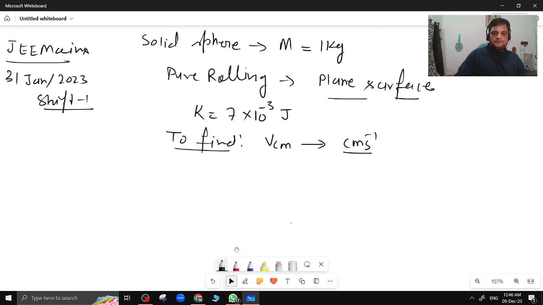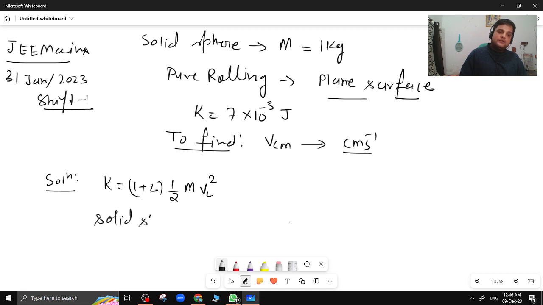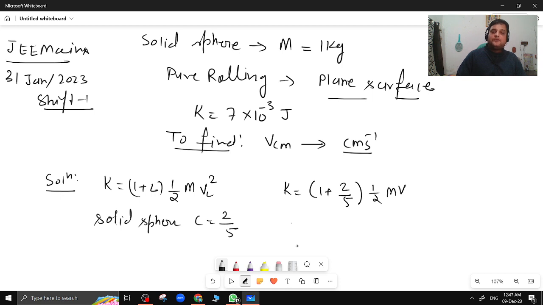Here we will use the formula K equals (1 plus C) into half m Vc square. For a solid sphere, we have seen that C is equal to 2 by 5. So K equals (1 plus 2 by 5) into 1 by 2 into Vc square.